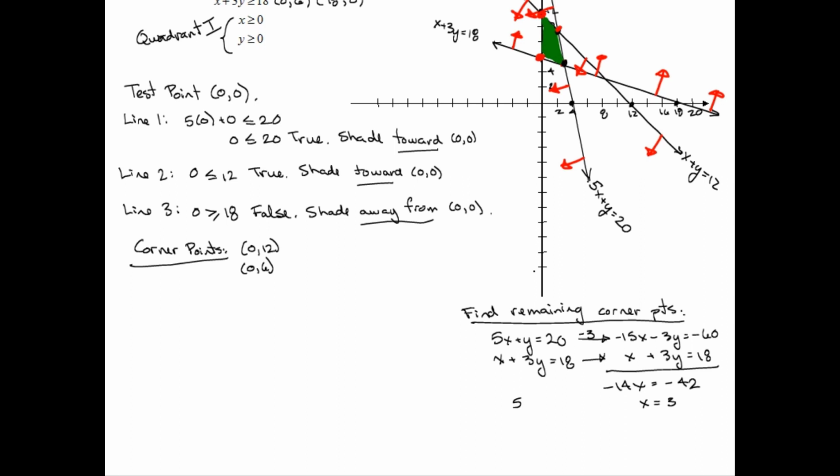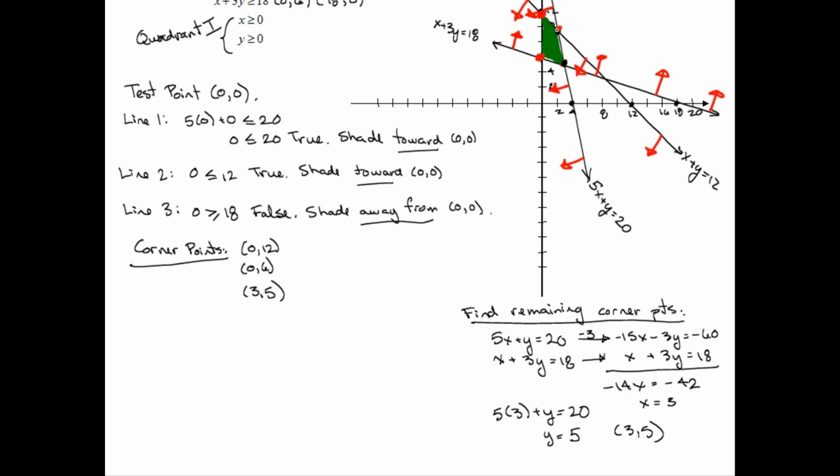So 5 times 3 plus y equals 20. So y is 20 minus 15, which is 5. So that's one of my corner points. I can add it to my list. Before you go on, look to see if that seems reasonable based on your graph. Looks okay to me. That looks like about (3, 5).